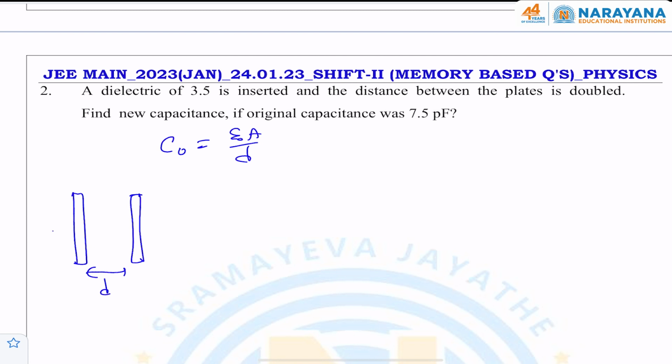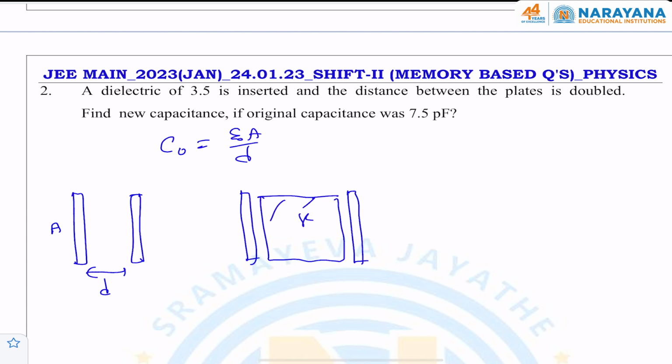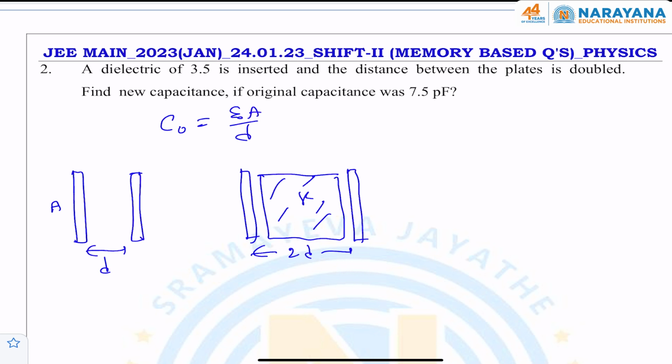The separation between the plates is D, the area of each plate is A, and the medium between the plates is air. Suppose it is filled with dielectric material of constant K and the separation is increased to 2D. There may exist two cases here. It is not clear from the question. After having separation 2D, if the space is filled with dielectric, this is the situation.